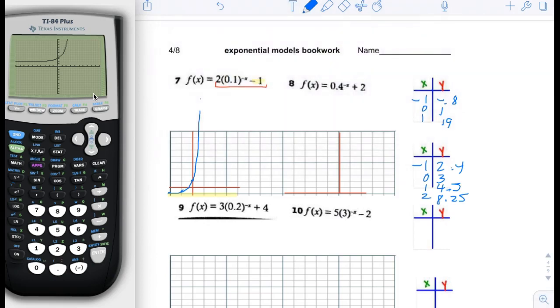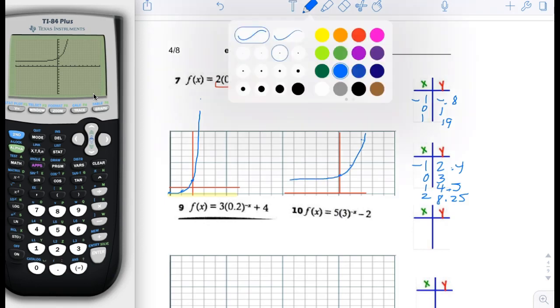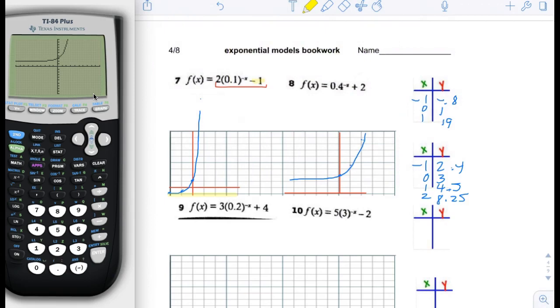So -1, 2.4, 0, 3, 1, 4.5, and 2, 8.25. Okay, and our asymptote is at +2.